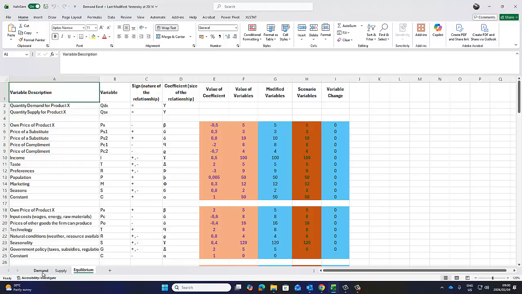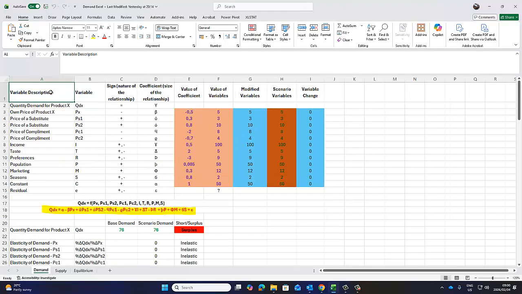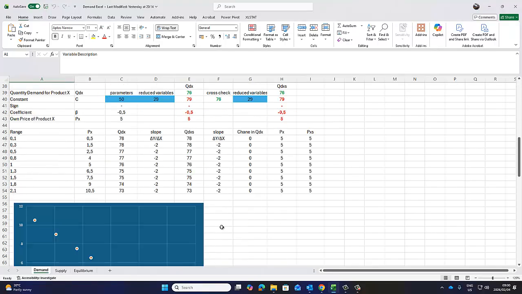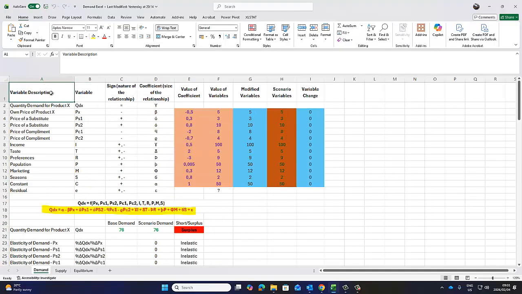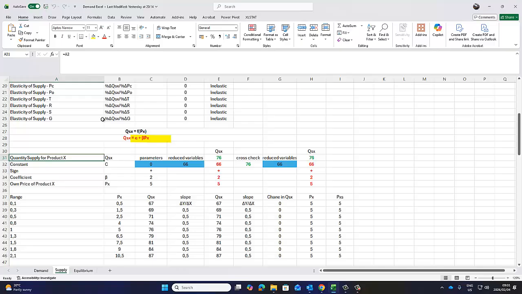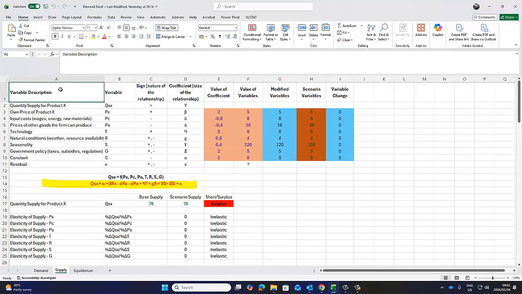So just as a quick recap, there's my demand sheet, my demand function, my demand variables, demand signs, demand coefficients, demand calculations, quantity demand calculations, demand curves, etc. So there is that sheet. Then we have the supply sheet with exactly the same, just from the supply side.